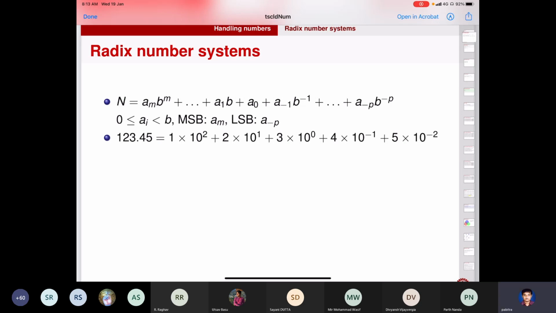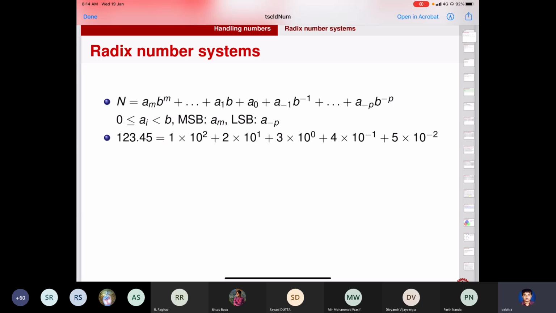represents a number n by this kind of positional value. You have several digits, and the digits are at positions. Each position has a weight associated with it, like tens, hundreds and thousands.